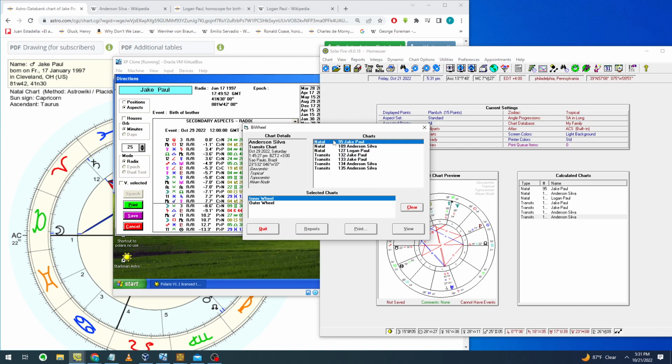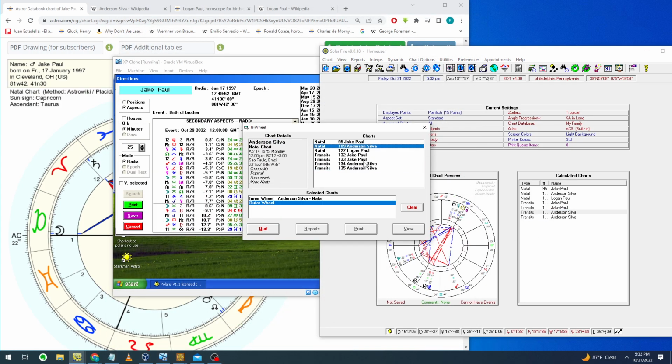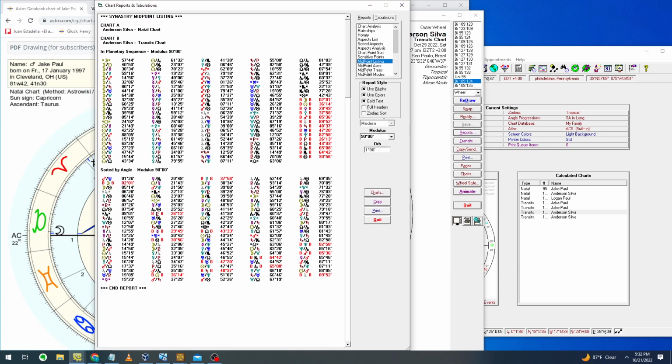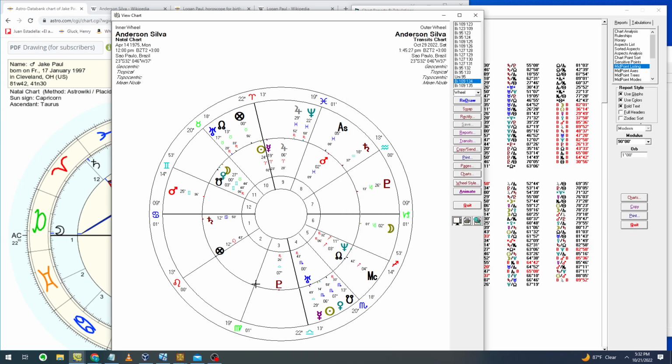But if we look at his converse transits here, look, there's a square from Saturn to his Mars. Neptune opposes Mars. So this is a very negative combination to have locked in. And one more extra thing that caught my eye, if we look at midpoints here, it's something very revealing. The sun comes to the midpoint of Mars and Saturn. I mean, what more do you want for a defeat?